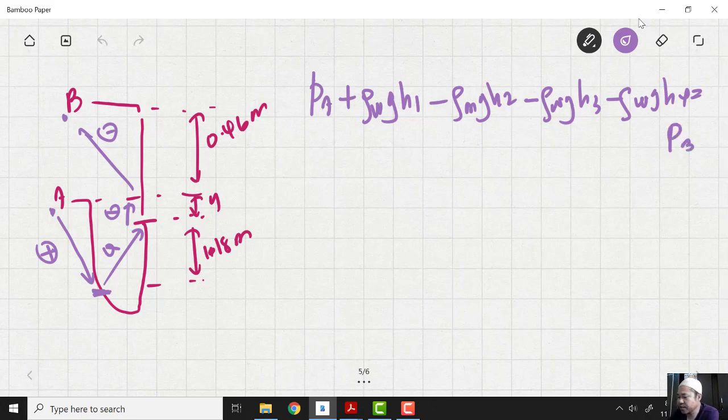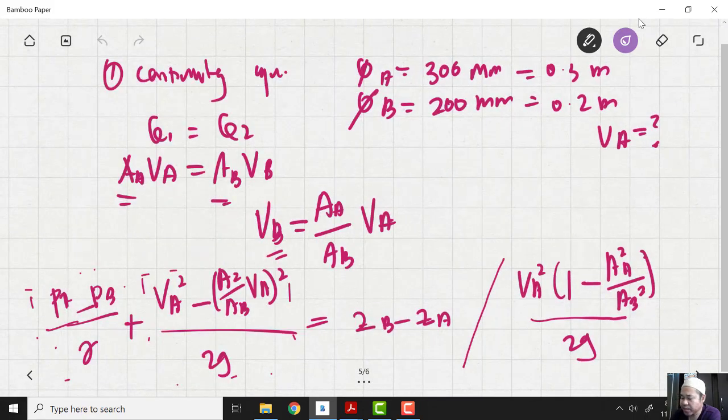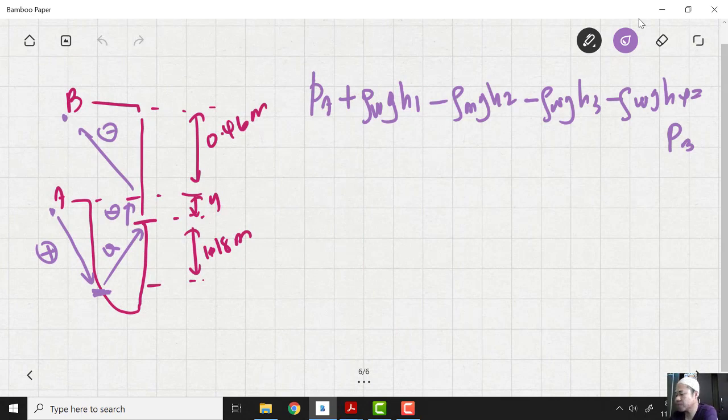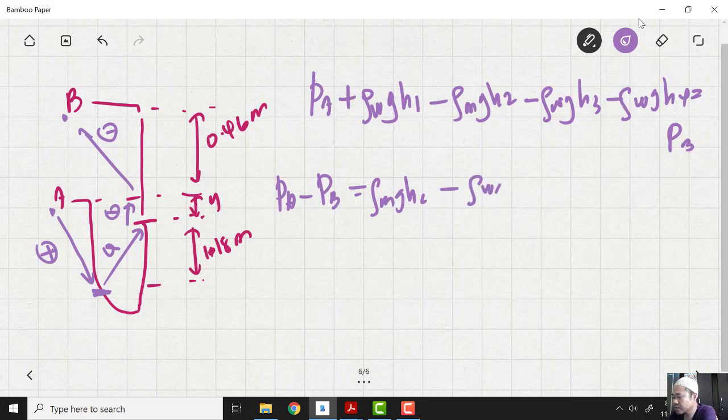So inside our equation is PA minus PB. Let's rewrite our equation as PA minus PB equal to ρ_mercury g h2 minus ρ_water g h3, plus ρ_water g h3 plus ρ_water g h4 minus ρ_water g h1.